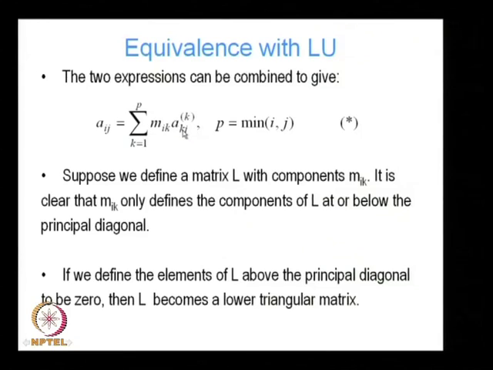So basically the first index, the row index, cannot be greater than the column index. That means that we are only concerned with the a_kj which are at or above the principal diagonal. So again, if we assume that the elements of a_kj below the principal diagonal are 0, in that case we can write a_kj as an upper triangular matrix.